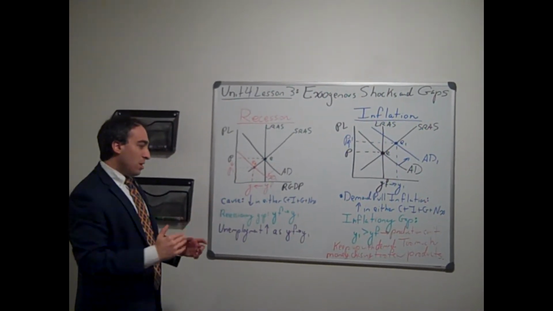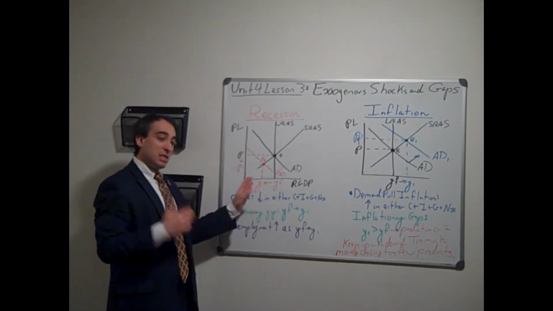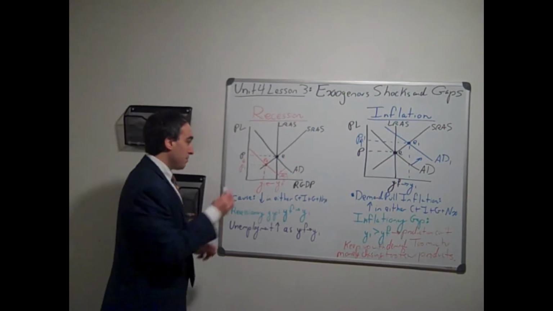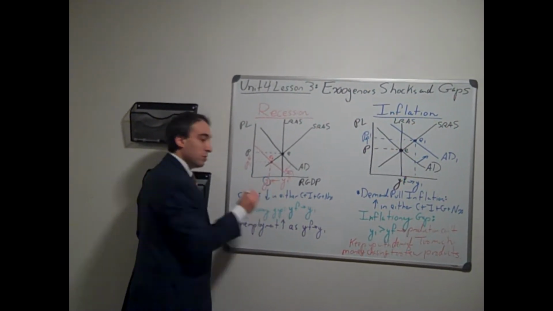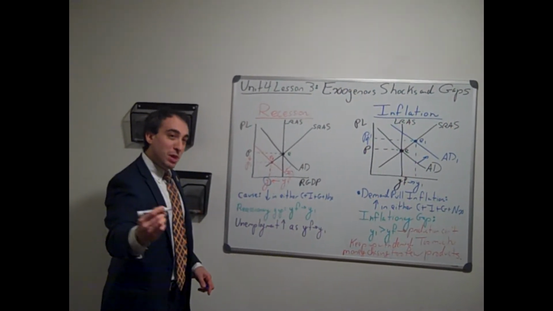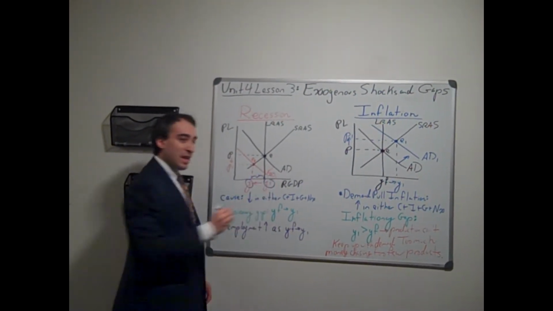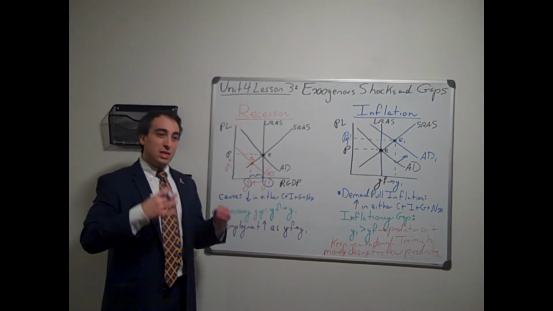And this is called a recessionary gap. The space from where we are producing, Y1, to where we should be producing, YF. This decrease in GDP is called the GDP gap.